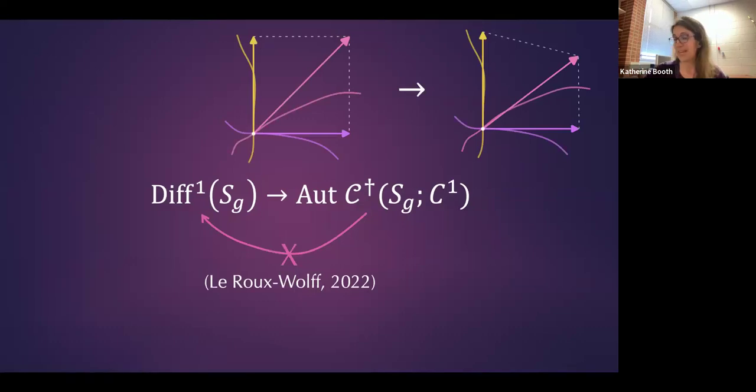It's not true. You can't. LaRue and Wolf in 2022 gave an example of an automorphism of the C1 curve graph that is not a C1 diffeomorphism. The way this example works is by messing with the linearity of the tangent space.